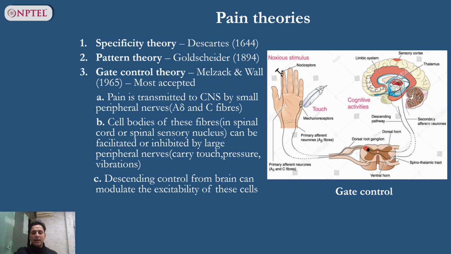At this point, it will give a collateral to the synapse of the pain pathway, which will block the neurotransmitter release from the first order neuron of the pain fiber, and hence this will close the central progression of the pain impulse. In technical language, we can say that stimulation of the thicker diameter fiber will impose presynaptic inhibition on the thinner diameter fiber, and ultimately this will close the gate to the central progression of the pain impulse.